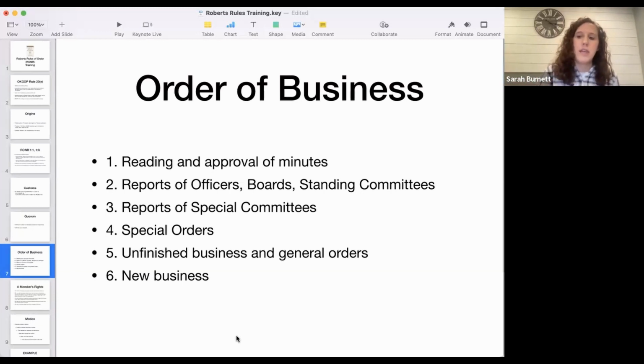You'll see in the OKGOP bylaws there are certain things that need prior notice: removal of an officer, new rules, specific things like that. Elections may need prior notice. So some things you can't just bring up under new business.